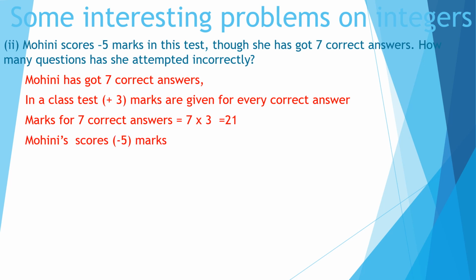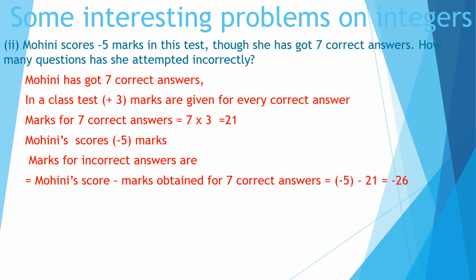Now Mohini's score is minus 5 marks. So the marks given for incorrect answers will be Mohini's score minus marks obtained for 7 correct answers. Mohini's score is minus 5 and we subtract the marks obtained for 7 correct answers, that is 21.